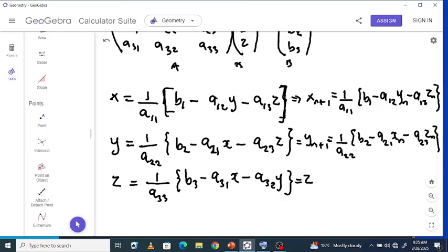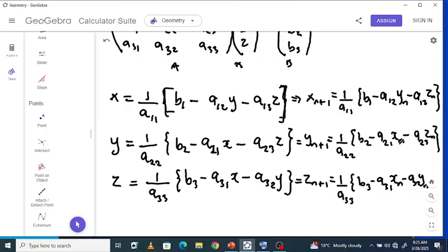And now for our z, if you want to get zn plus 1, we will have 1 over a33 into b3 minus a31 xn minus a32 yn.